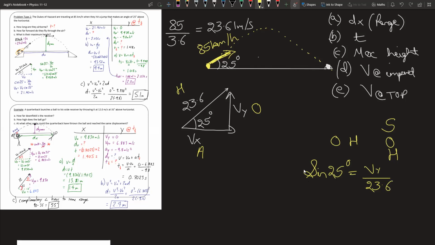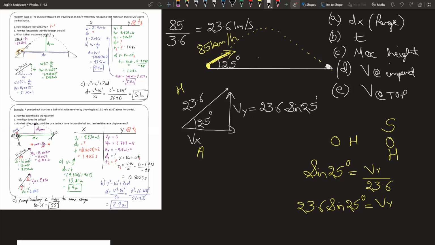So how do we find Vy? You cross multiply the 23.6, so it'll be 23.6 times sine 25. That will give you the y component of initial velocity. I had to show you these extra steps because it was your first time seeing this. Moving forward, you should be able to do it quickly: this is O, this is H, we use sine, so it's 23.6 times sine 25.